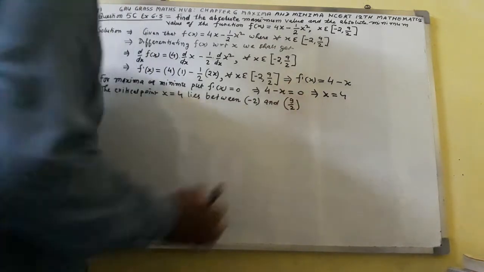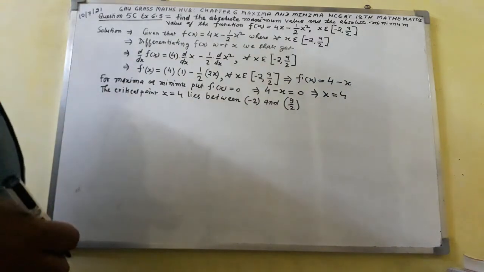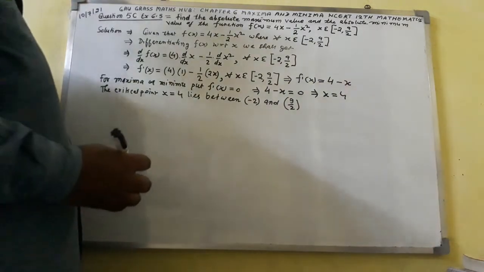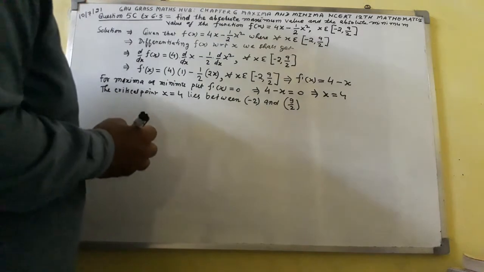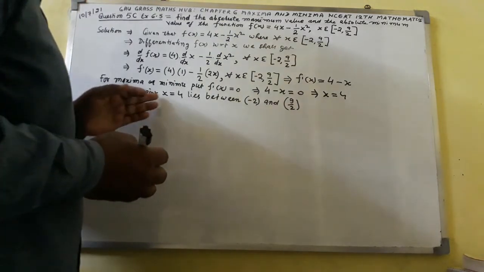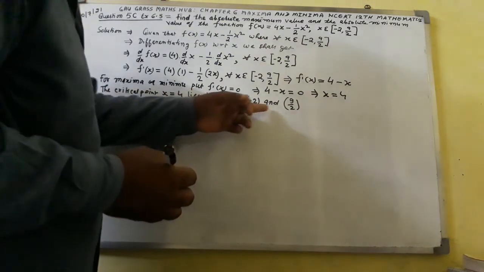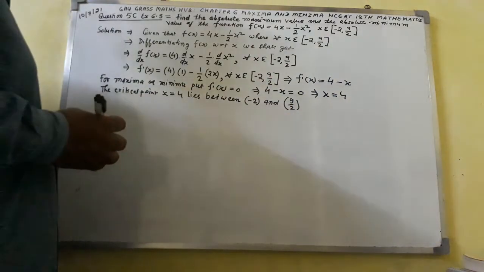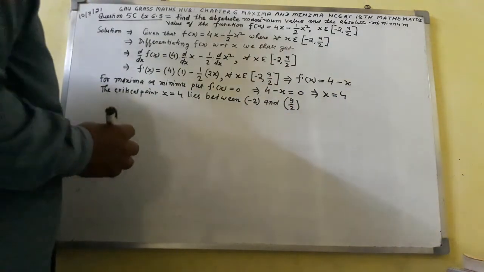So here I shall write, the critical point x equal to 4 lies between minus 2 and 9/2. The critical point x equal to 4 lies between minus 2 and 9/2. What will we do next?